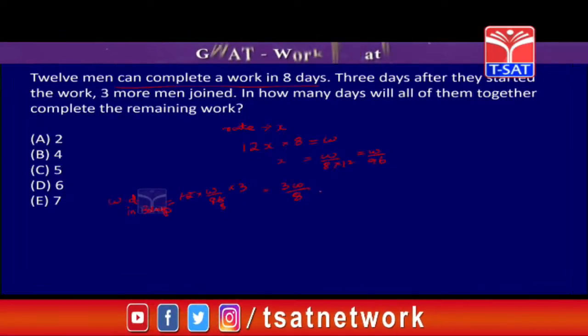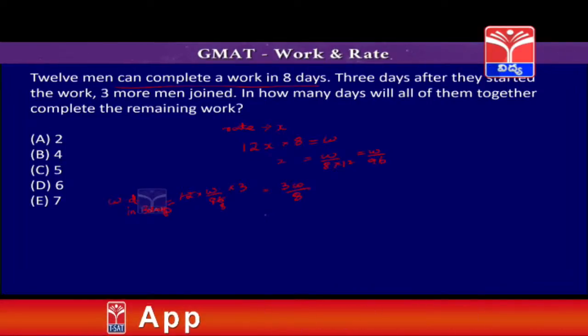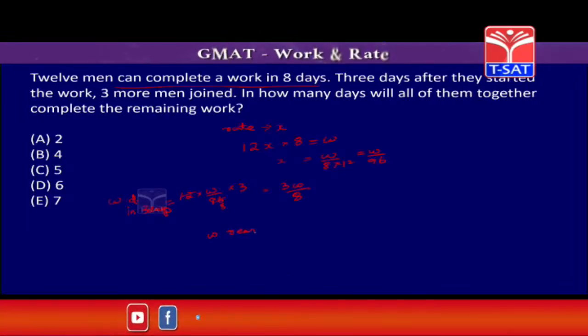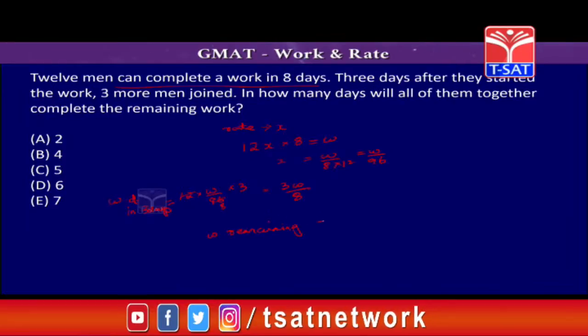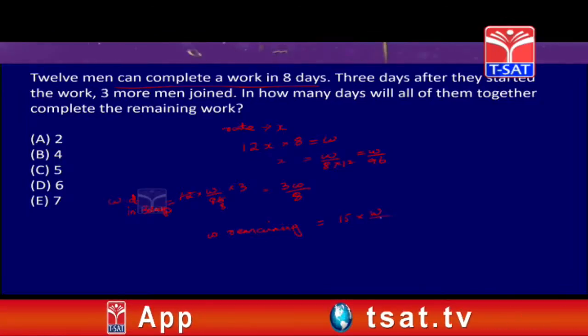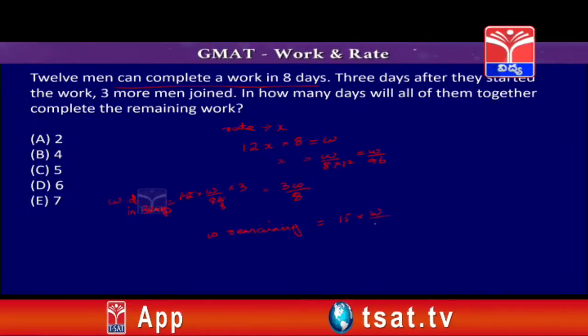After 3 days, 3 more men joined, so now there are 15 men. So the work that is remaining will be done by 15 men. That will be 15 into its rate. The rate of each man doing the work will be the same, that is W by 96 that we calculated.